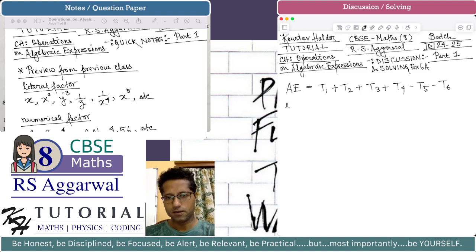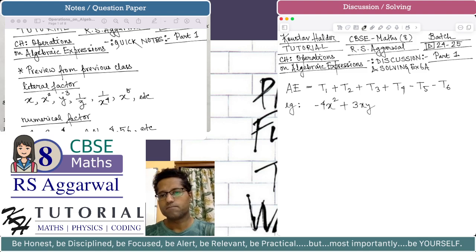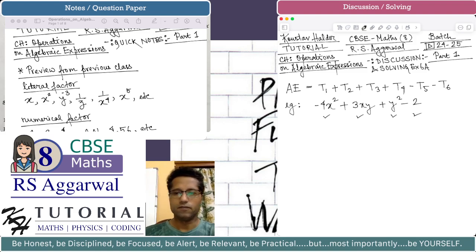So let's take a specific example. Let's say we have the algebraic expression minus 4x square plus 3xy plus y square minus 2. This is an algebraic expression where we have 4 terms.